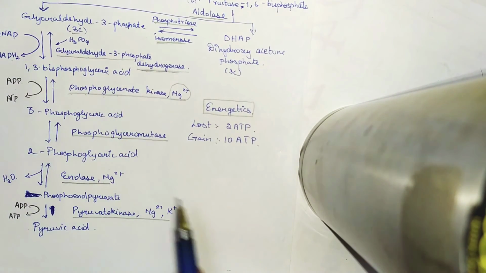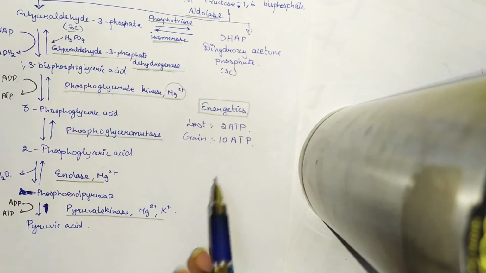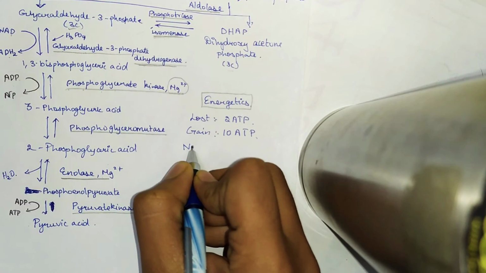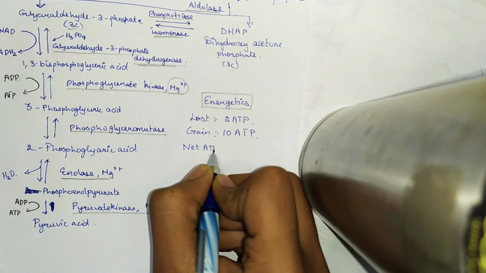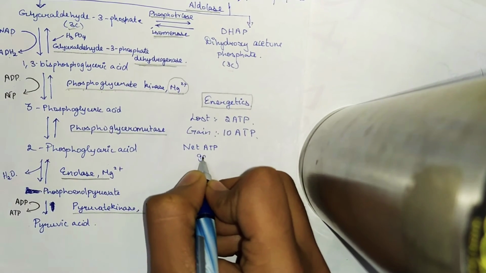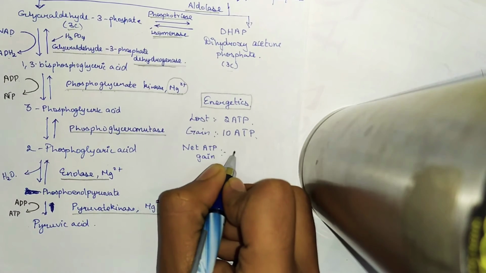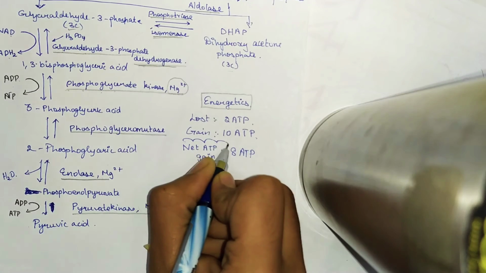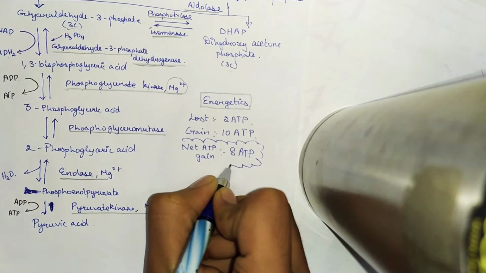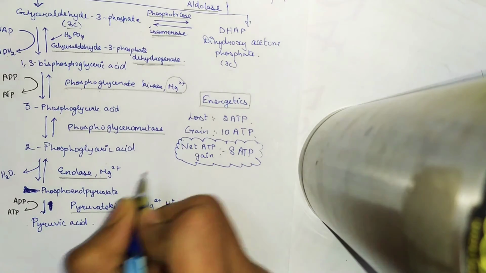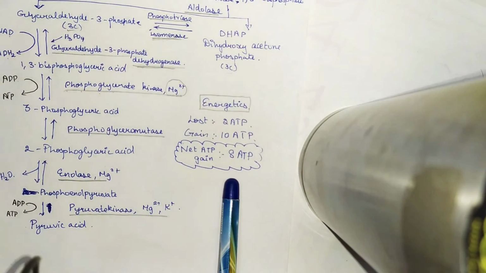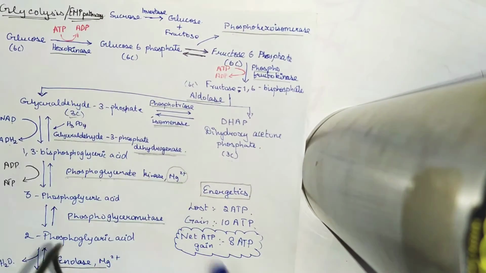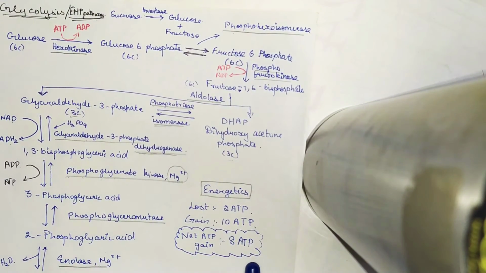So 5 plus 5 is going to be 10 ATP. So gain is 10 ATP. So net ATP gain equals 8 ATP. Okay, it's important that the net ATP gain in one cycle of glycolysis is going to be 8 ATP, right?